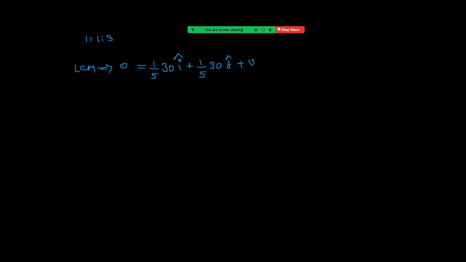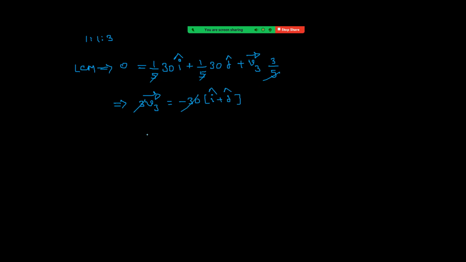Coming to the third one, I'm simply writing V3 bar, and its mass is 3 by 5. So throughout, 5 gets cancelled, right? I can cancel 5 here. Remaining is now 3V3 bar equal to minus 30 into i cap plus j cap.